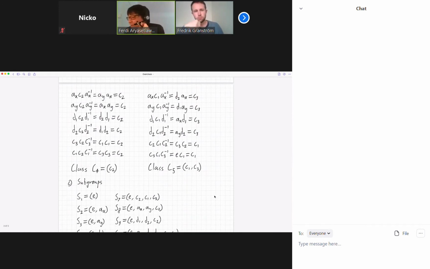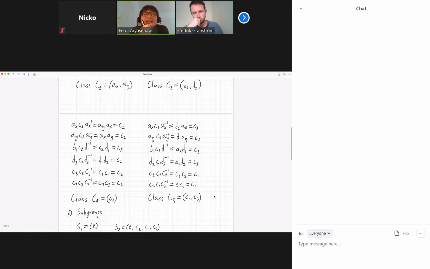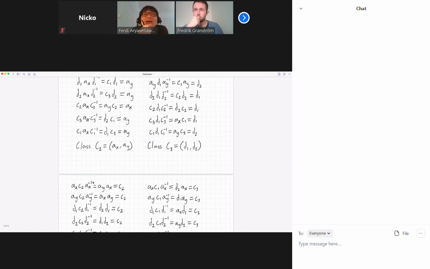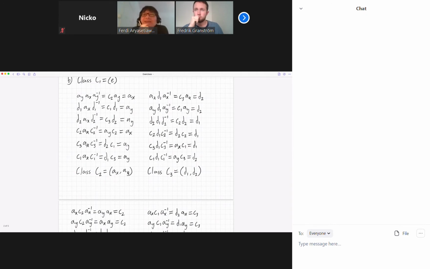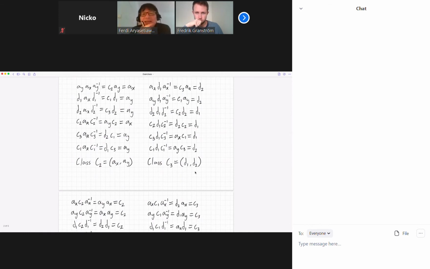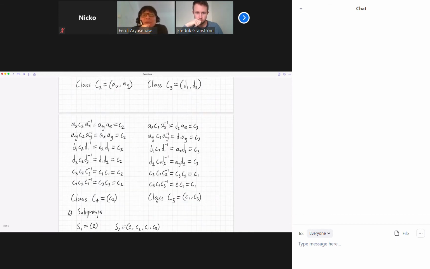So do you see any geometrical meanings in this? Well, our class here is both flips along the X and Y axes. These are both flips along the orthogonal diagonal axes. And these are both rotations that undo each other.